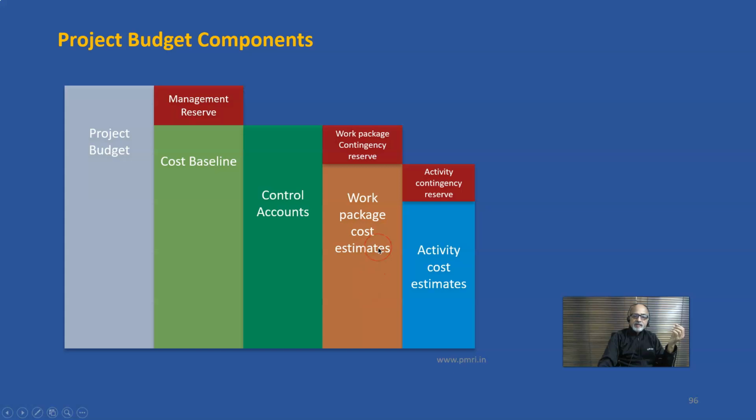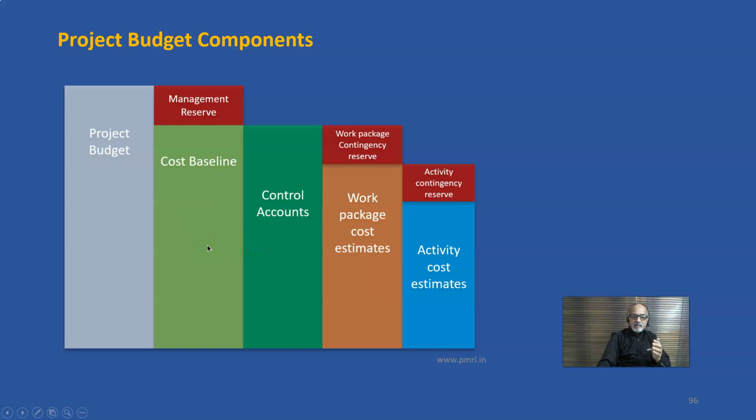And to the work package cost estimate, we add work package contingency reserve. So at the work package level also we add some contingencies. Then aggregation of this work package and the contingencies at the work package level put together become our control account. And that is the cost baseline.